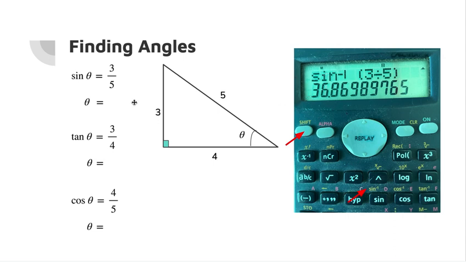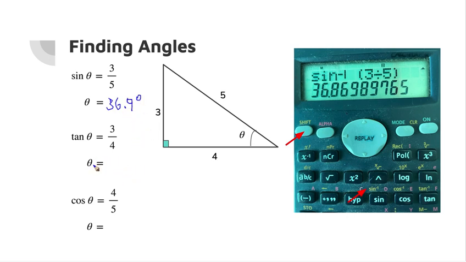So now let us try to get this. Press shift followed by sine inverse and then followed by the ratio in brackets. So you will get the angle 36.8 degrees, or 36.9 degrees to 1 decimal place.